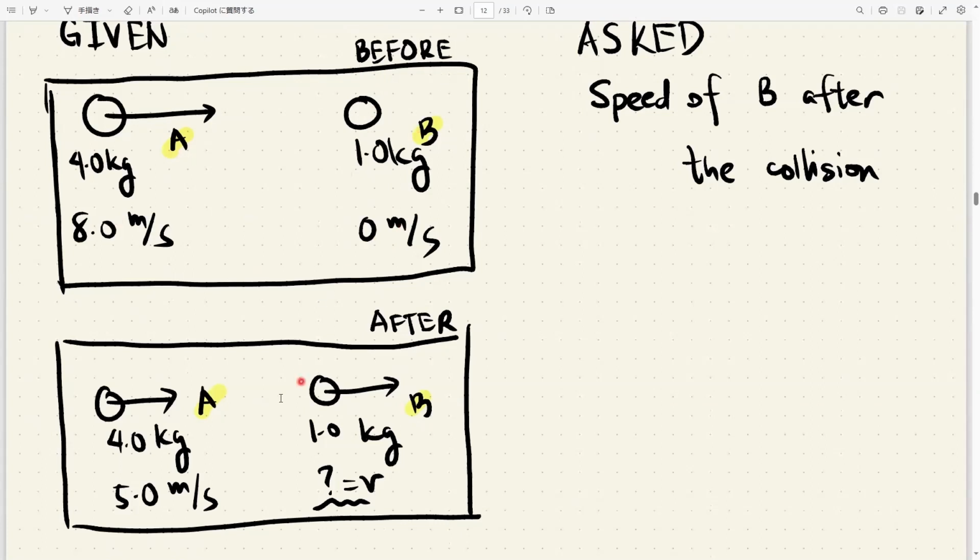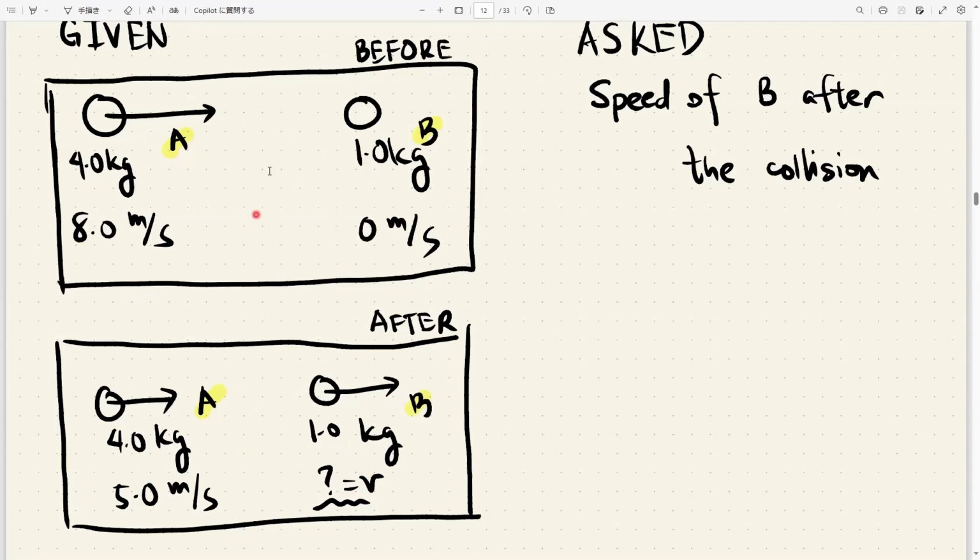After the collision, the speed of A is now 5, and the mass does not change. So the new momentum of A is 4 times 5, that's 20. The momentum of B is 1 times the speed of B, which is, let's call it V. So the sum of the momenta after the collision is therefore 20 plus V. And the conservation of momentum tells us that the sum here must be equal to the sum here.